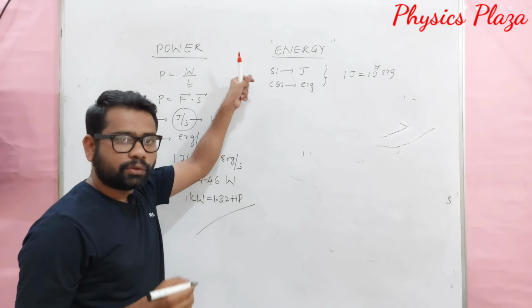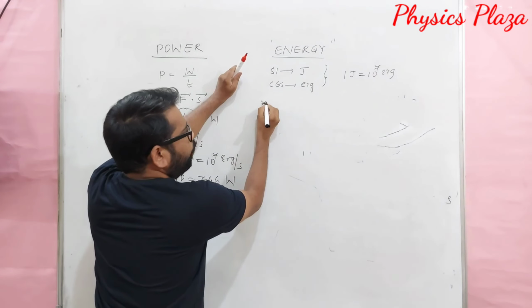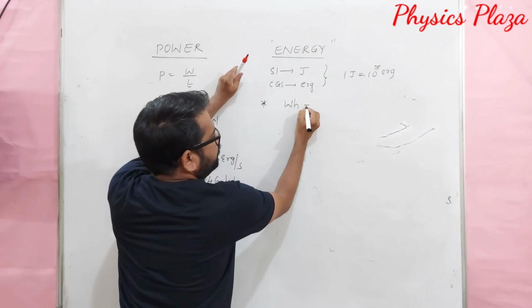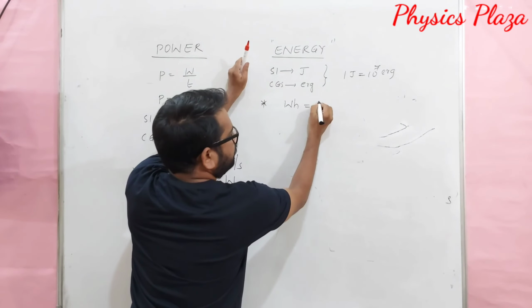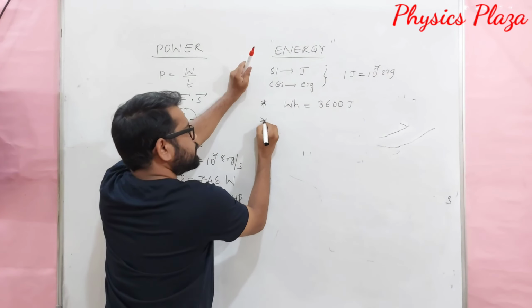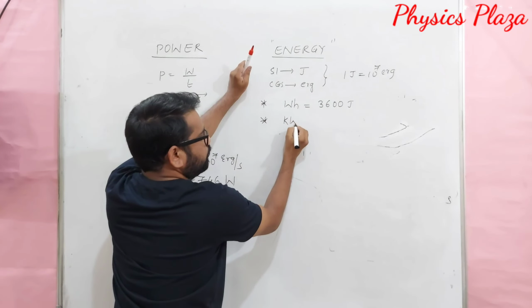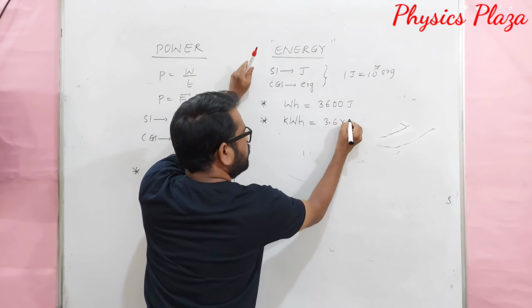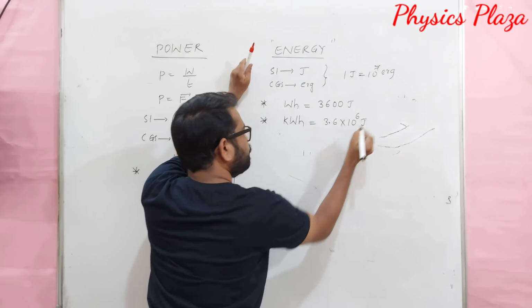Other than this, we have watt hour. Children, watt hour is a unit of energy only. 1 watt hour is equal to 3600 joules. Next, kilowatt hour: 1 kilowatt hour is equal to 3.6 into 10 power 6 joule.